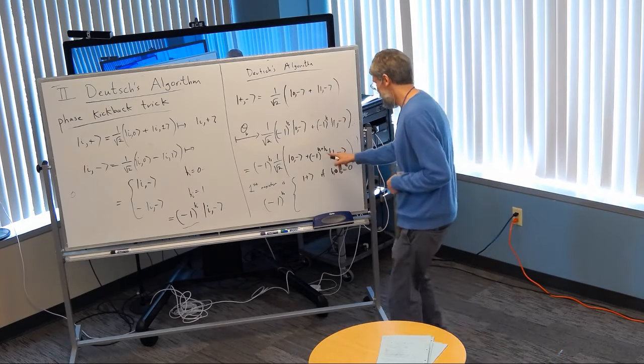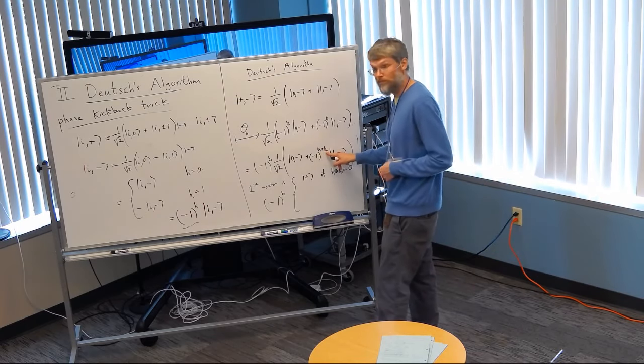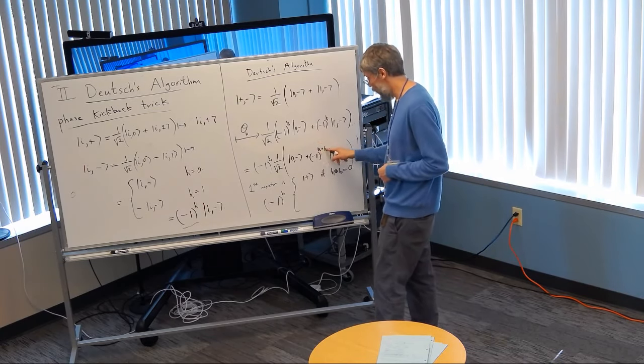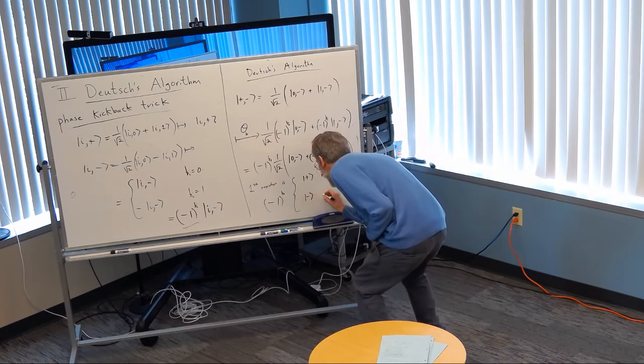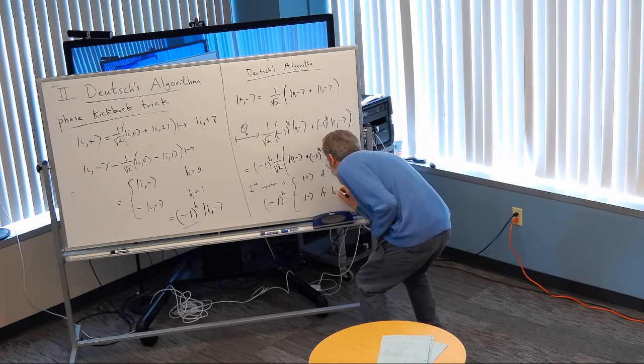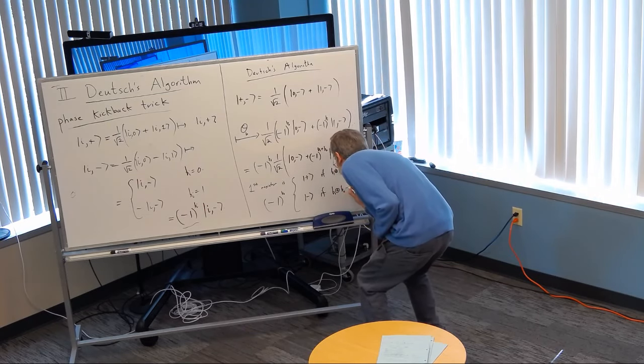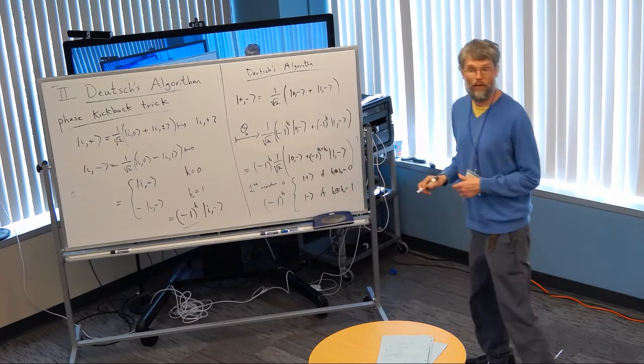And if b1 plus b0 is 1 mod 2, then this gives you the minus state.